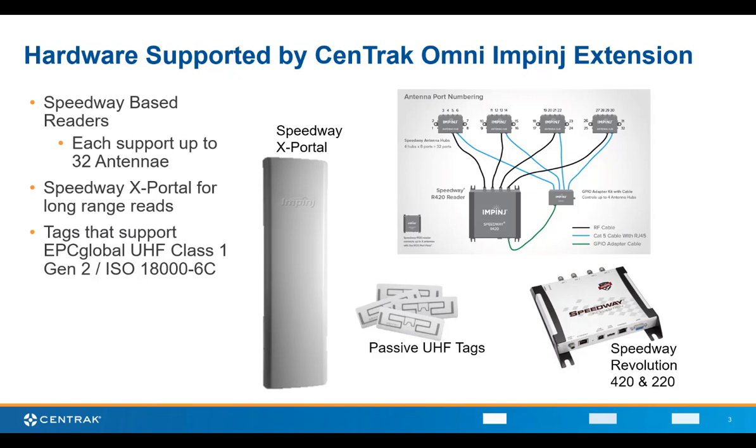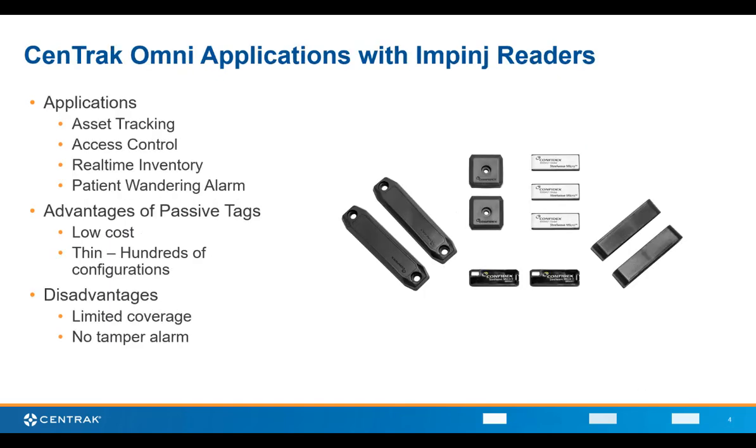So you can define within CenTrak Omni up to 32 locations for this one reader. And of course, you can track these EPC Global UHF Class 1 tags. They come in all sorts of shapes and sizes.